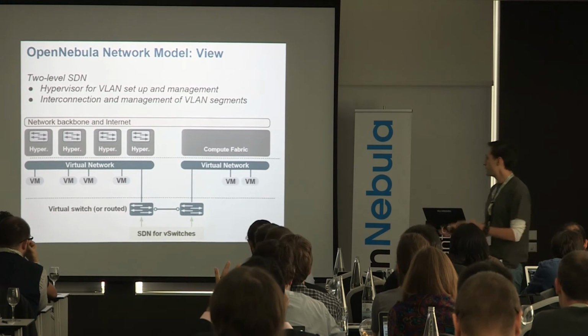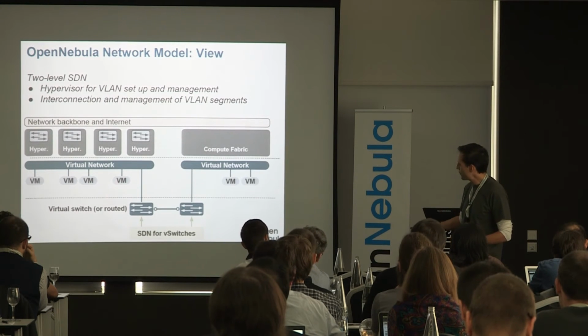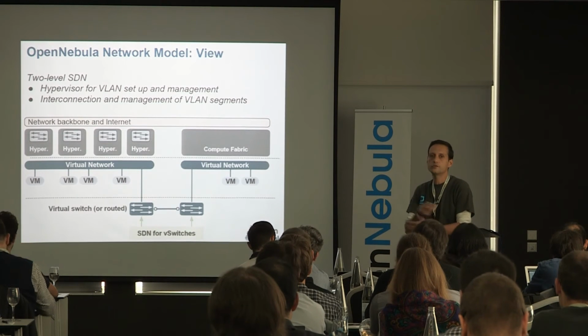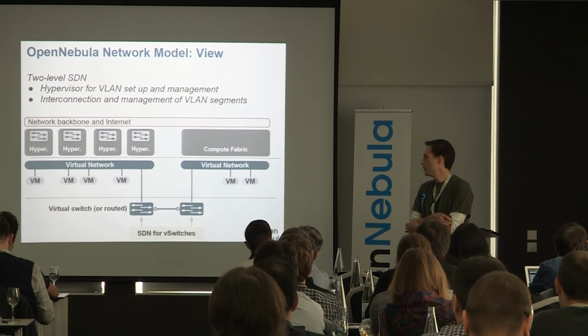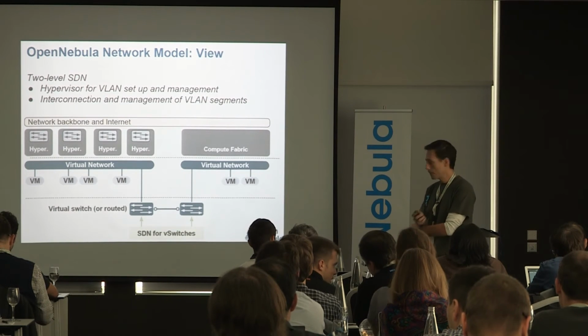So more or less, this is what we have, and these new things here, and the virtual router, are the new features that we want to implement in the next releases of OpenNebula.